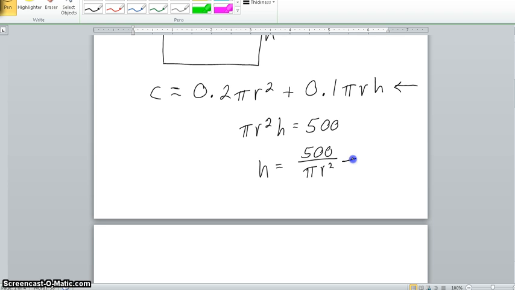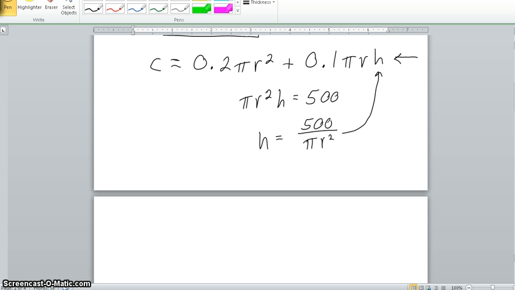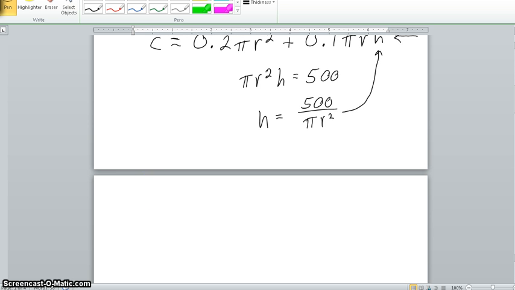And then I'm going to plug that into my cost equation. And then I'll have my cost equation all in terms of just r, the radius. Let's see, plug that in for h.